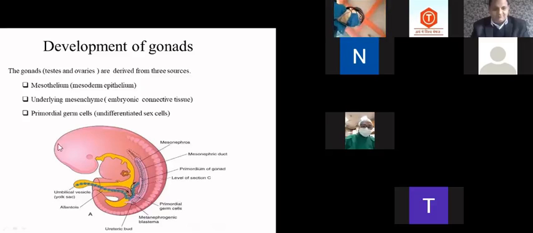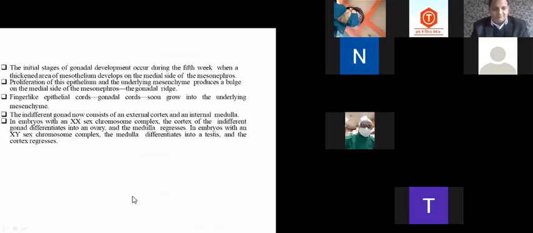So this is the gonadal ridge and nephrogenic cord giving rise to the kidney system, the gonadal ridge forming the gonads, the ureteric bud, metanephrogenic blastema. I have explained this diagram in the previous slide also. So the initial stages of gonadal development occur during the fifth week when a thickened area of mesothelium develops on the medial side of the mesonephros.